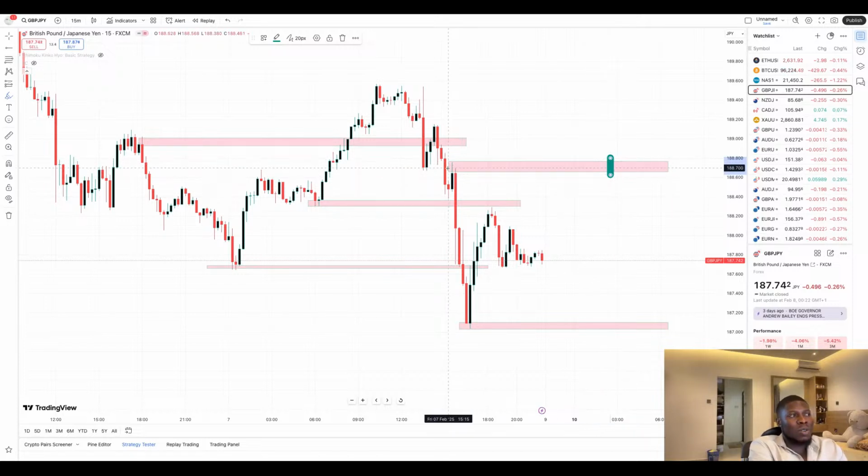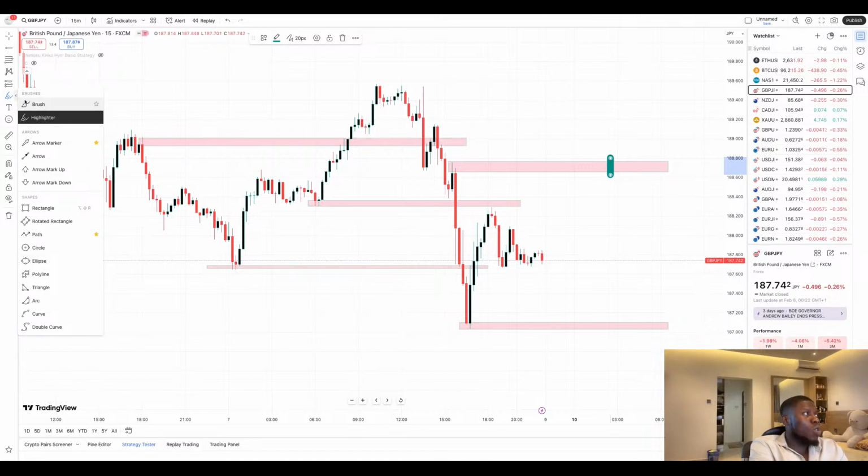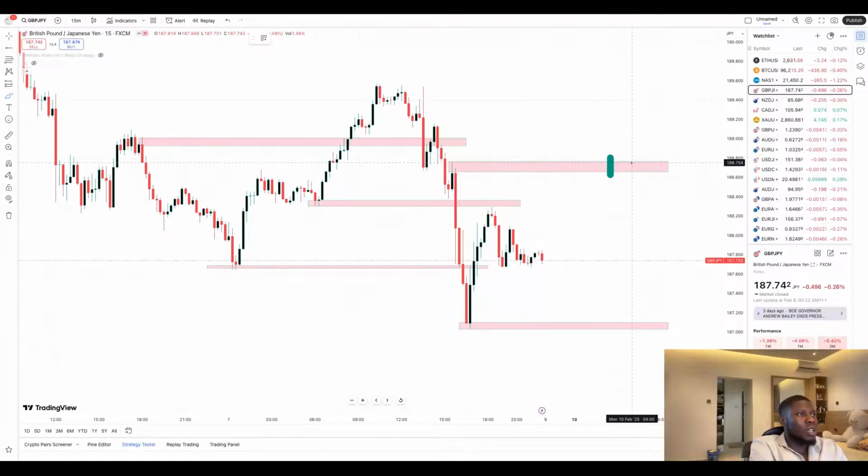But if there is a good sell off, and you see a price rejection at this zone, maybe you should wait for your confirmation. At least one candlestick is enough. Sometimes you might see a rejection from this zone, just a rejection.